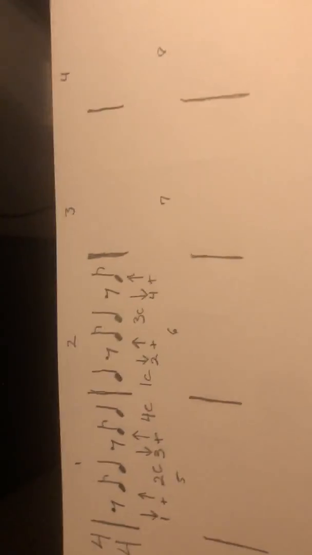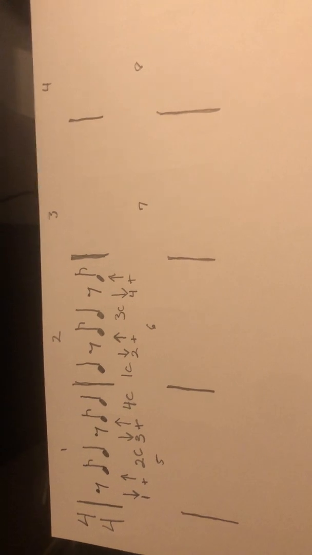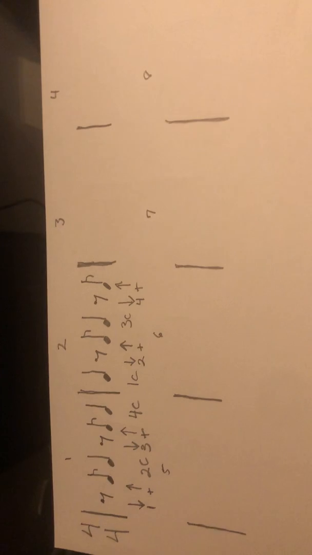Okay? Now, some of you do not have printers, and that's understandable. So make sure that when you rewrite it out, it looks like this. I've rewritten it out. Again, I'm not going to do measures 3 through 8 for you. Make sure that you copy them down, and it looks like this.